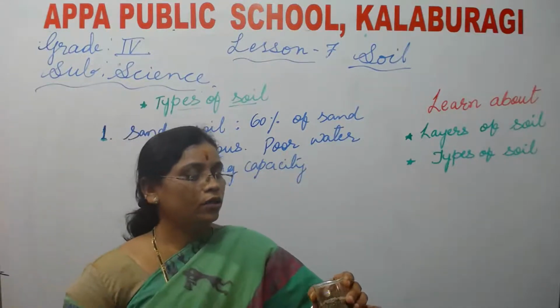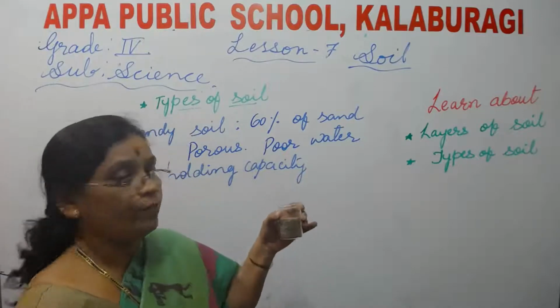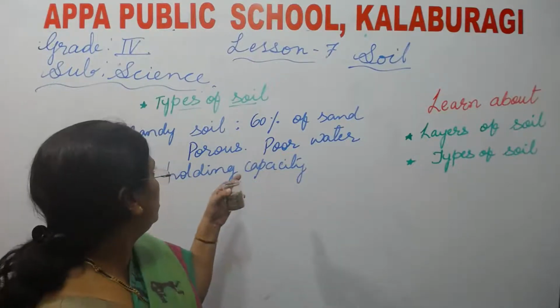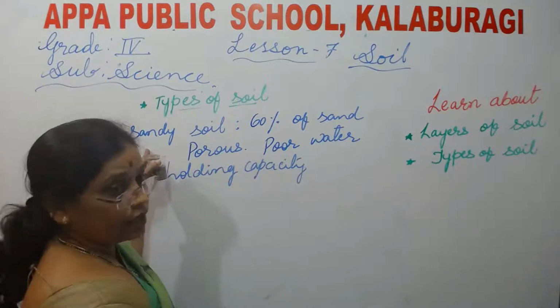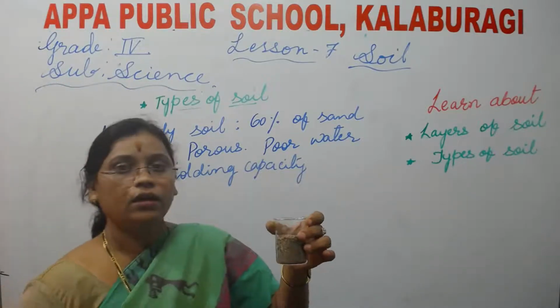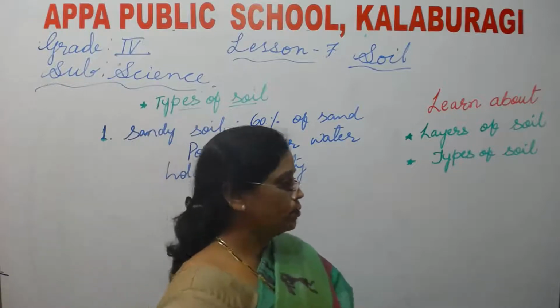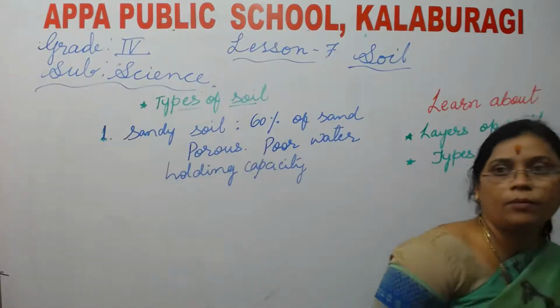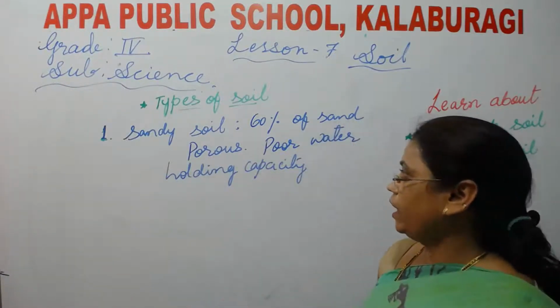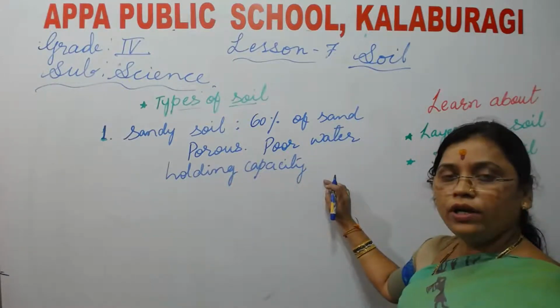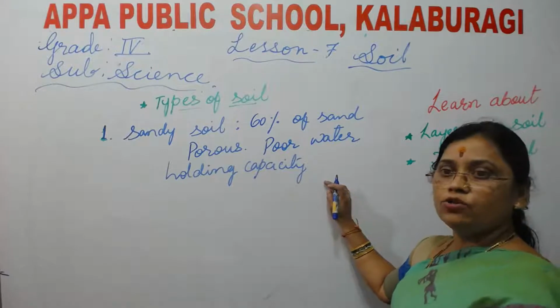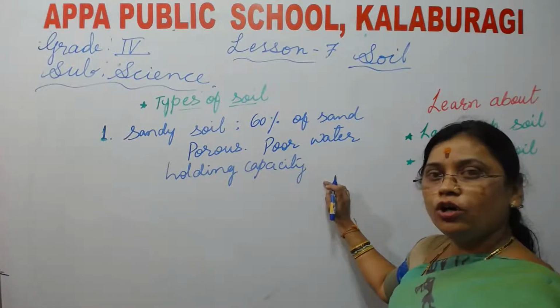According to the size of the particles, there are three types of soil. This is the sandy soil. It is porous and has the maximum amount of air. Being porous, it doesn't have any water holding capacity, so it is not suitable for most plants to grow.